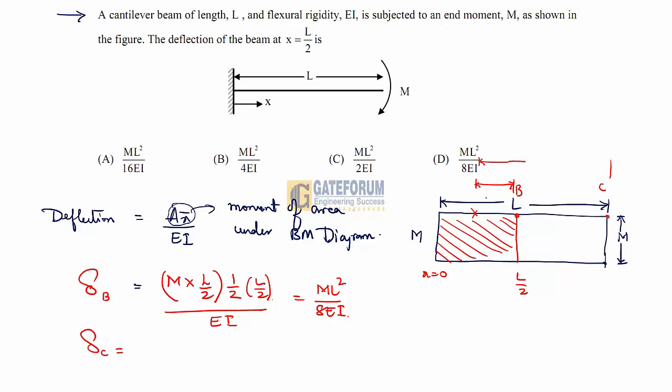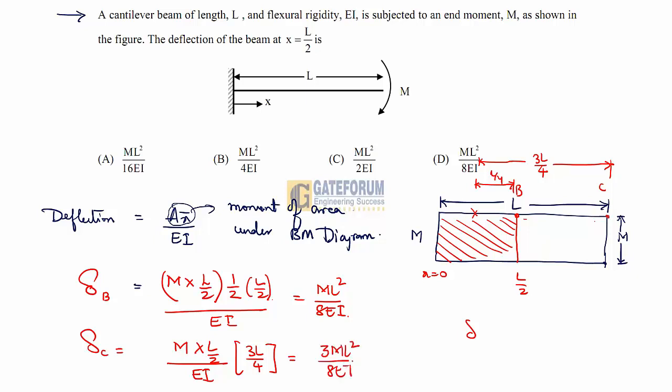This is L by 4, so the distance will be 3L by 4, which is L by 2 plus L by 4. So x bar will change if you are doing it for delta C. The area will remain the same, M into L by 2 divided by EI, into the centroid from C, which is 3 times L by 4, so it is equal to 3 M L square by 8 EI.